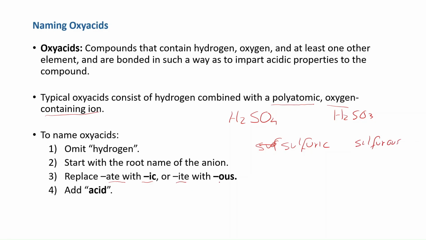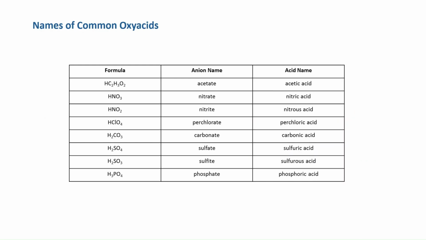Okay? If it ends in ite, you change to that. And then add acid. Sulfuric acid, sulfurous acid. If you haven't memorized the oxyanions, you're going to have a hard time naming acids. So if you haven't done it, you need to get going. Okay? And you have some examples in there. You can look at them slowly.